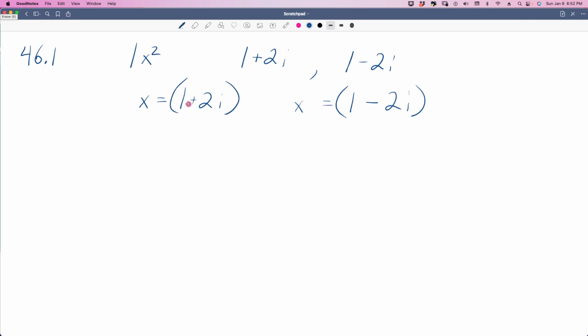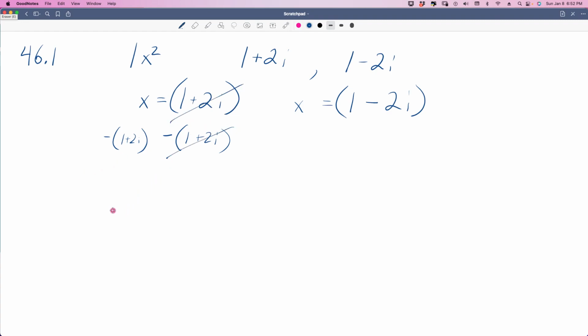So now we have to take this whole thing as a factor, as an expression, and we're going to put it back in line to the other side. Here, because this 1 is positive, we're going to subtract this from both sides. So we're going to subtract 1 plus 2i from both sides. So this would cancel.